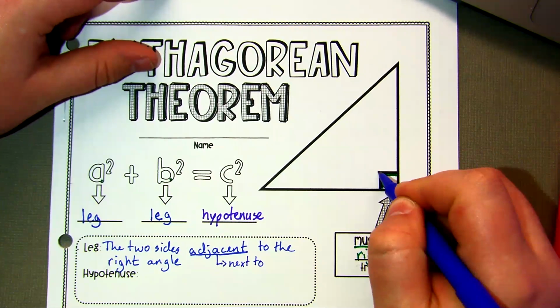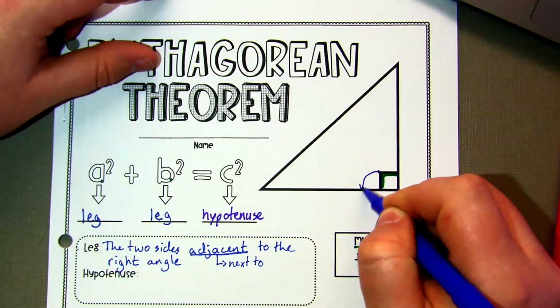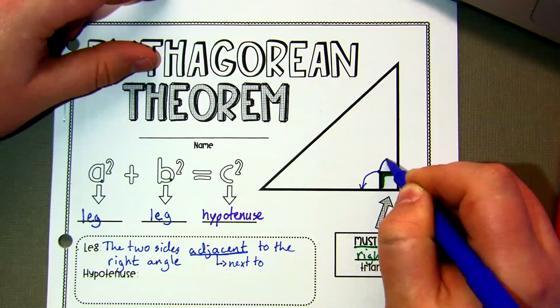So we can mark on our triangle up here our adjacent sides. Our legs are these two.